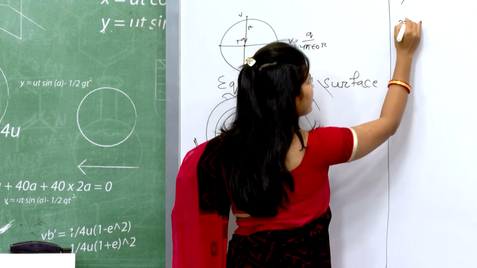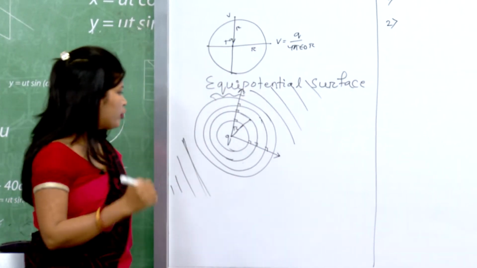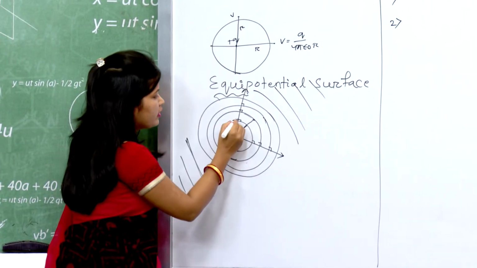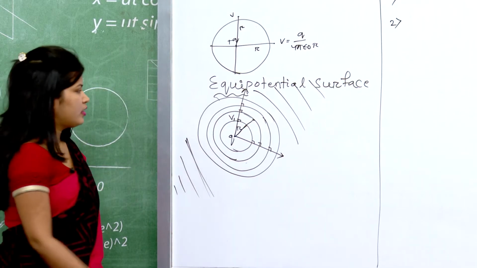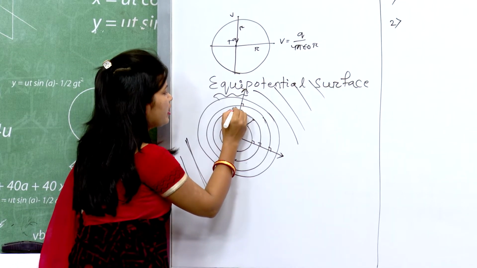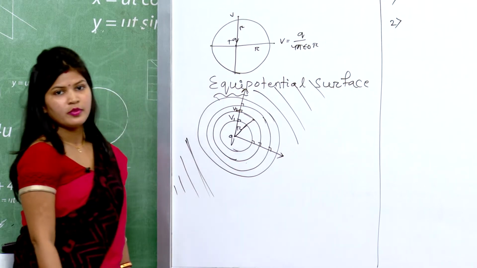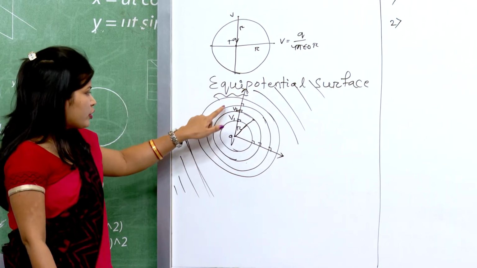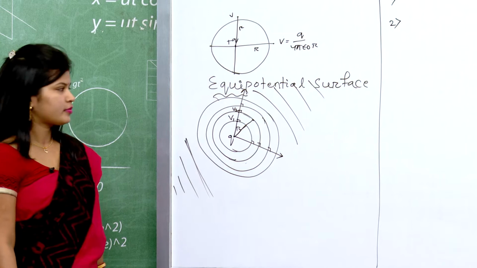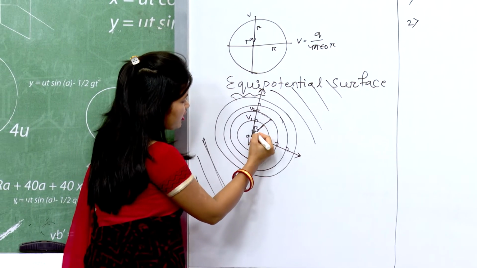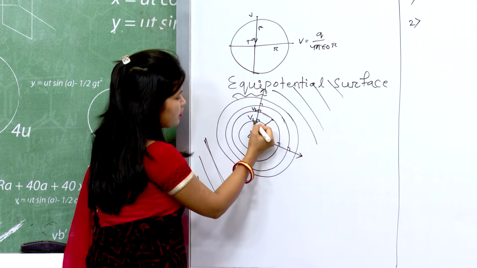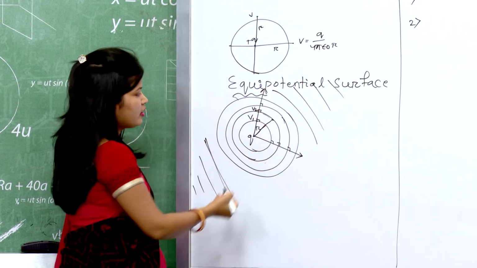Next point that is important also. Suppose here potential V1 and here potential V2, then which potential is larger? Yes, see, this distance is smaller, so potential will be larger.